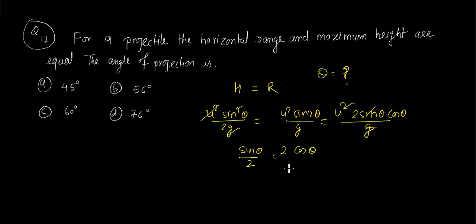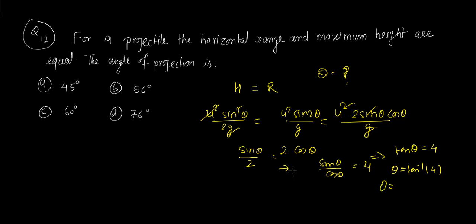Now we can easily form the ratio sine theta by cos theta, which is equal to 4, so tan theta equals 4, theta equals tan inverse 4, and the answer can be found by using a calculator.